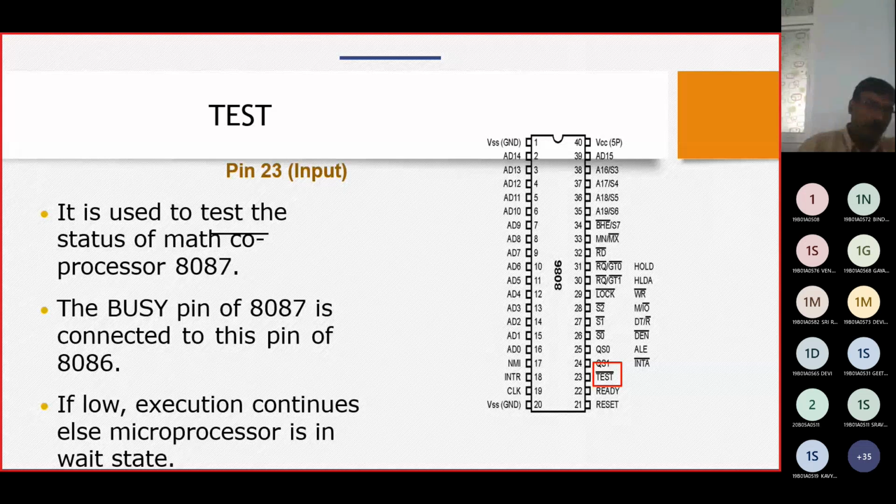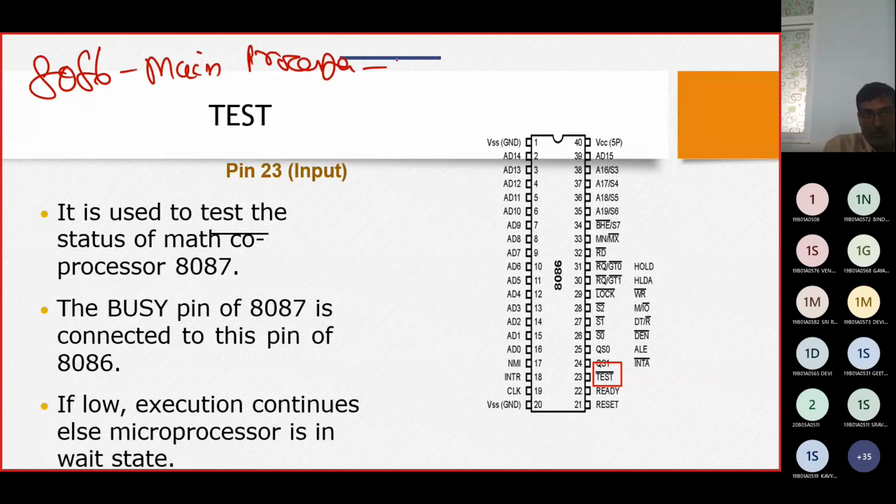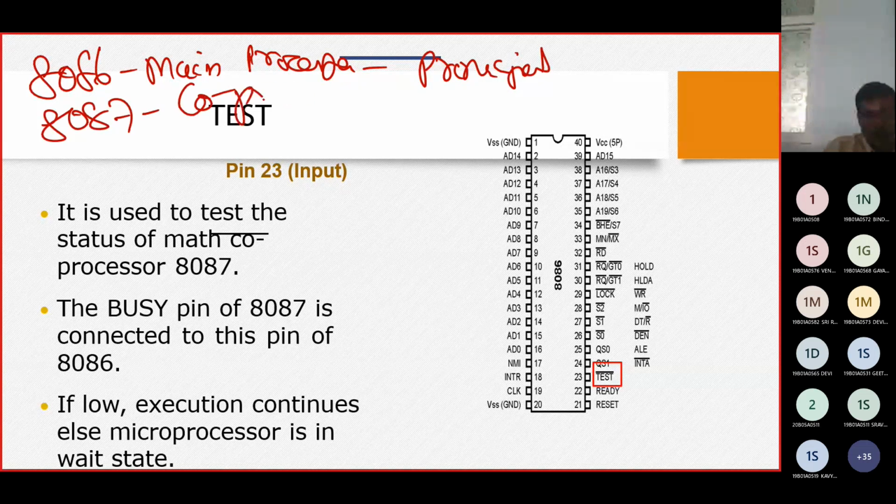Next one was, we have 8086 as the main processor. This we call a principal. And 8087 we call a coprocessor. We call it a vice principal.